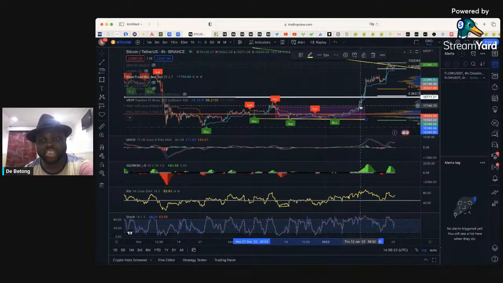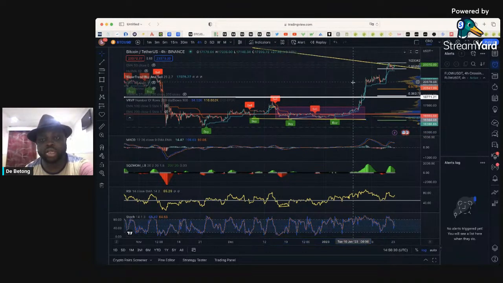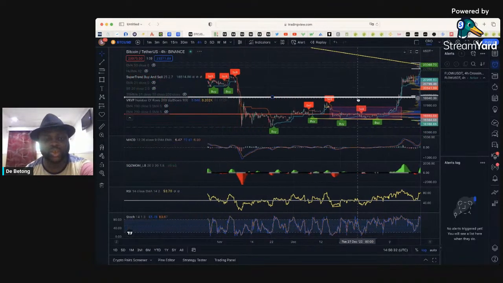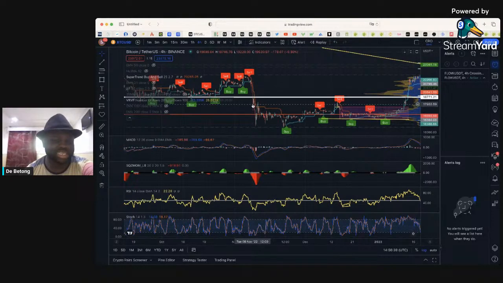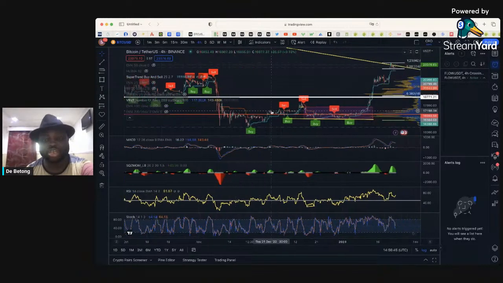We saw this huge buy, and this huge pump is considered as demand. There was more demand in the market, and when the market is going down, it means investors are dumping the coin, which means there's more supply. So consider a downward trend as supply, and an upward trend as demand.